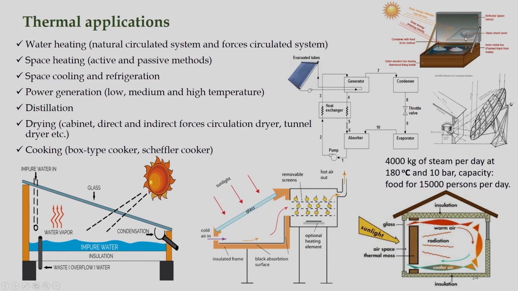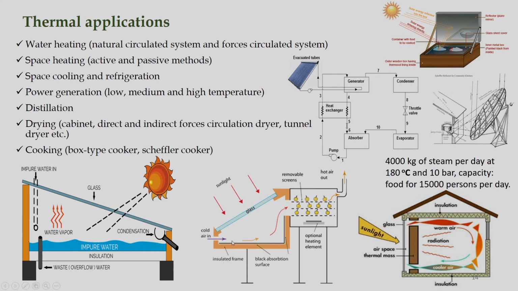And this is a box type solar cooker, and this is also used, but its cooking time requirement is somewhat higher. And in this figure, you can see space cooling and refrigeration. Once we can generate a low temperature fluid, it can be circulated to maintain a particular area or particular site. And this figure is for drying.